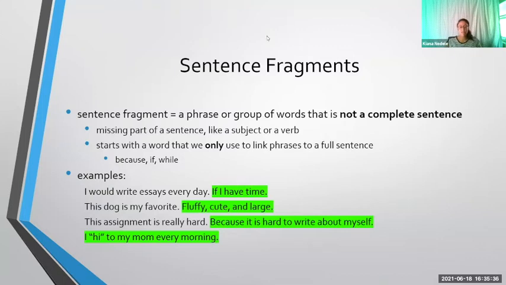What about "this assignment is really hard"? "Because it is hard to write about myself." We notice again, like "if," with "because" we always have to say "because" this other thing.